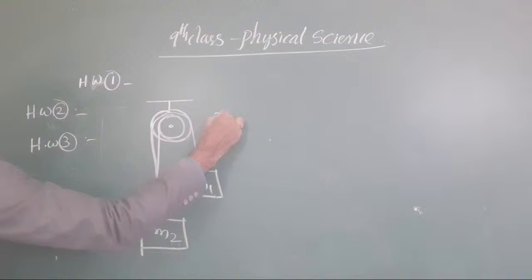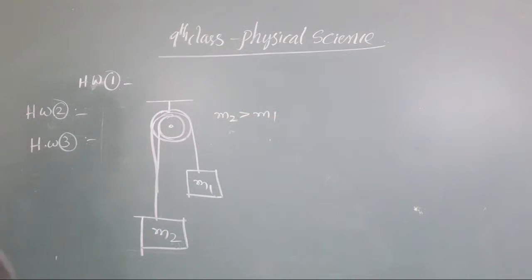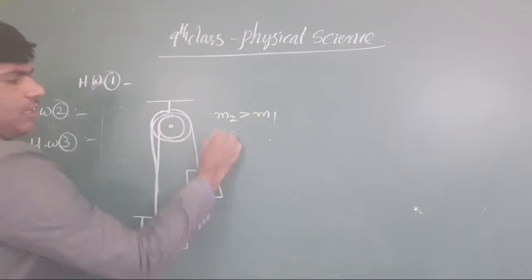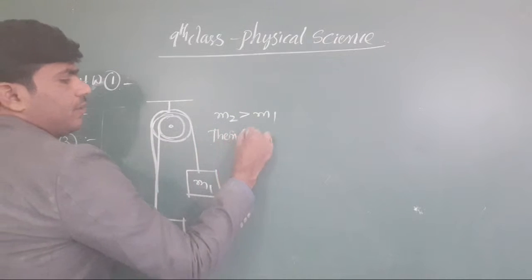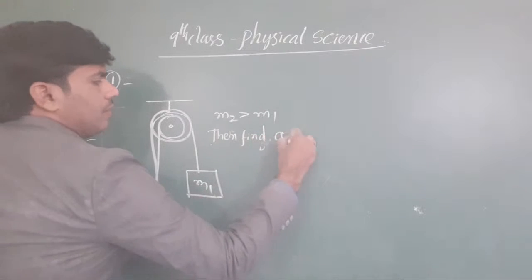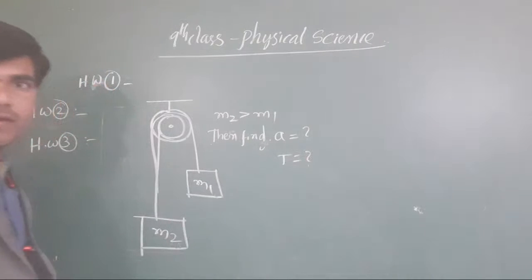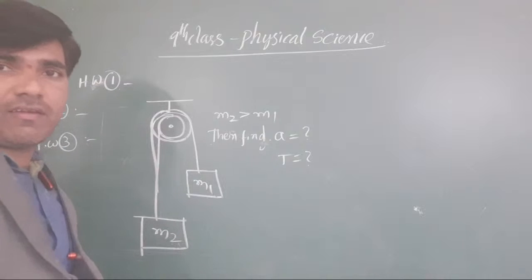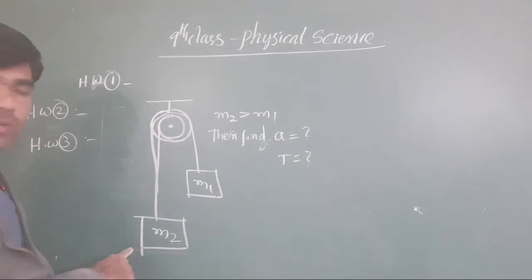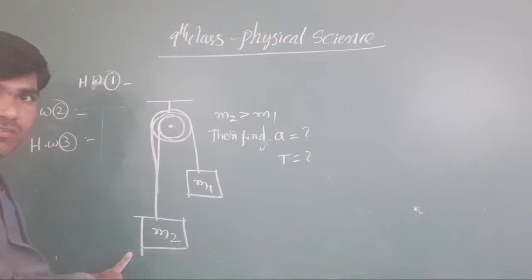What is this condition? M2 is greater than M1. Then find A and T. The equations are interchanged. Clear, all the students? Got it or not?